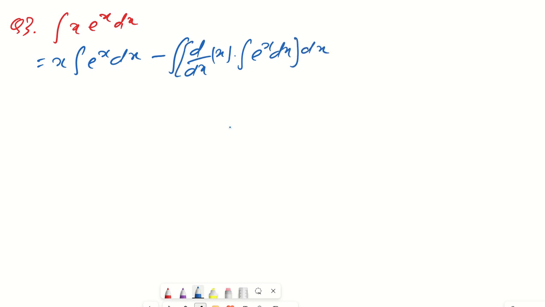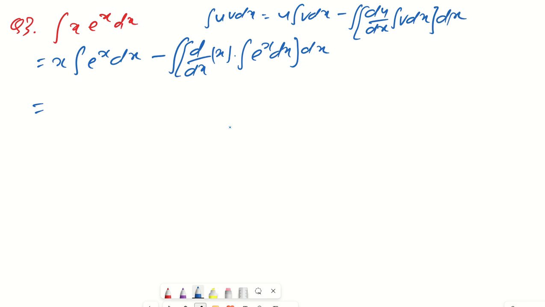So this is how we are going to do that. If you want, you can write down the formula for your convenience. Let's say integration of u v dx is going to be u integration of v dx minus integration of differentiation of u into integration of v dx, whole integration. Okay, so that is the formula.